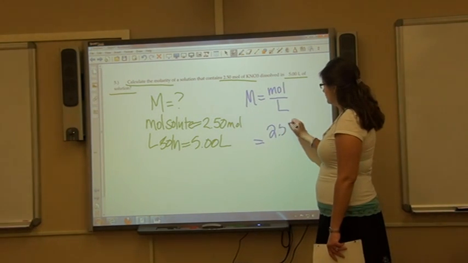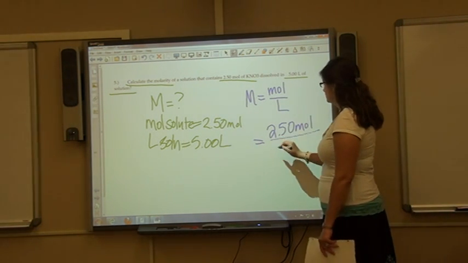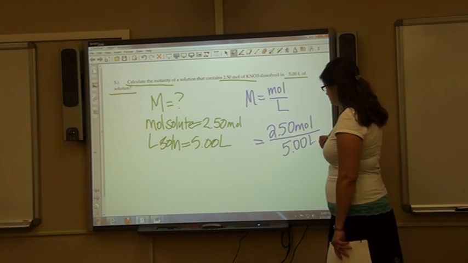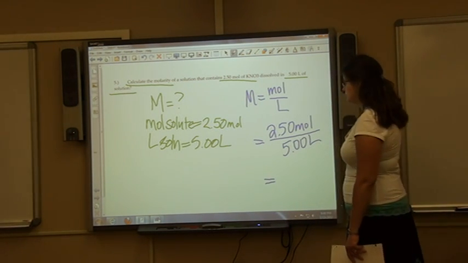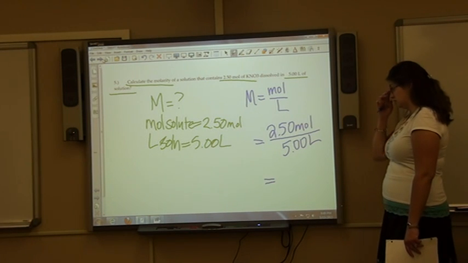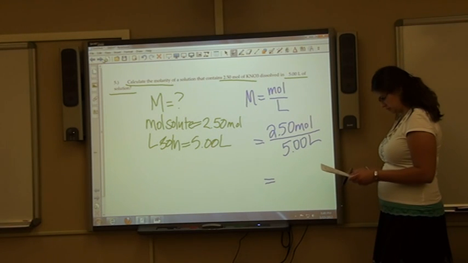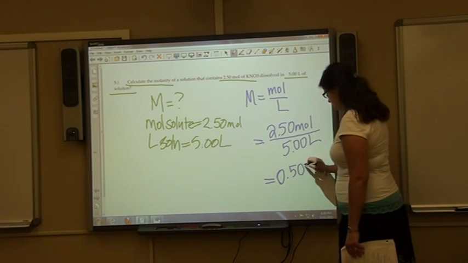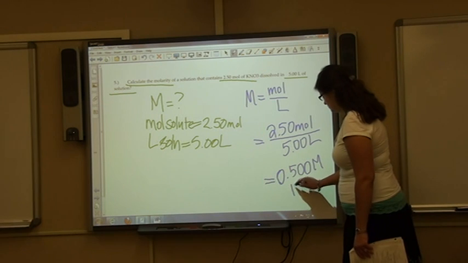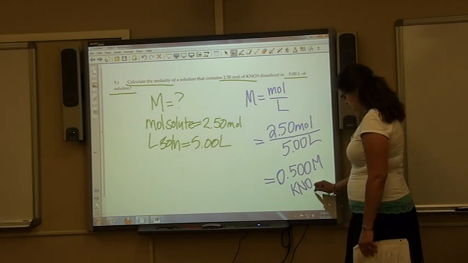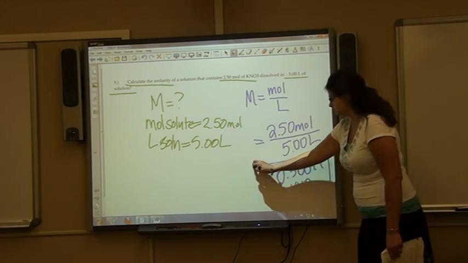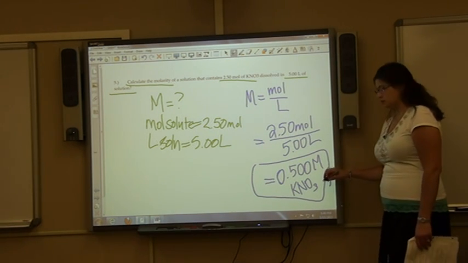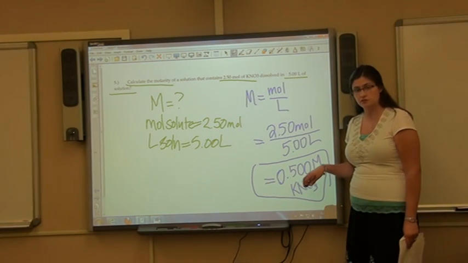Mole is 2.50. Liters is 5.00. 2.5 divided by 5. 0.5, right? That's your answer. Now, what does this sound like when we have this written down?